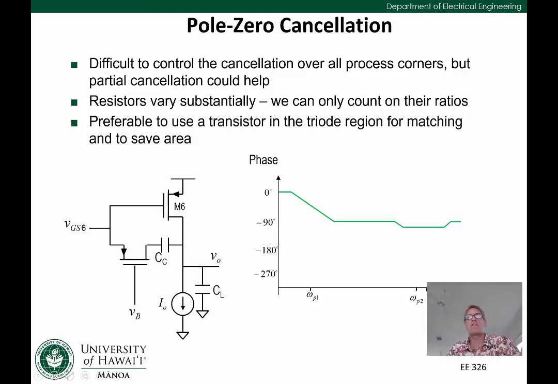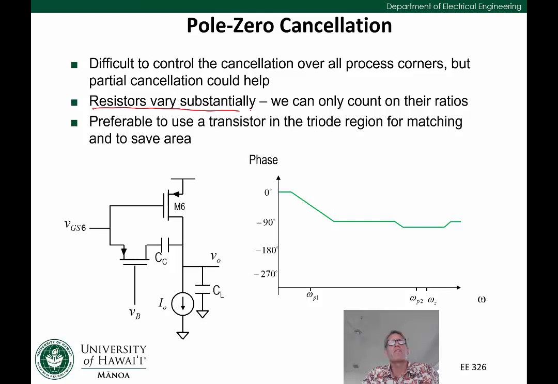When the transistors and the resistors vary a little bit, and the resistors can vary substantially, we're not going to cancel it quite as exactly as we would like. With resistors, as I've told you in the past, we can only count on the ratio of resistors, not so much their absolute value. In addition, the resistors themselves can take up quite a bit of chip area.